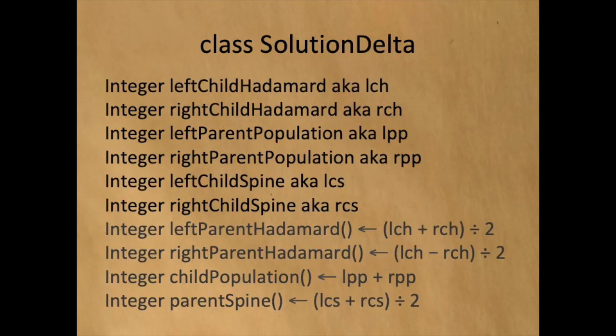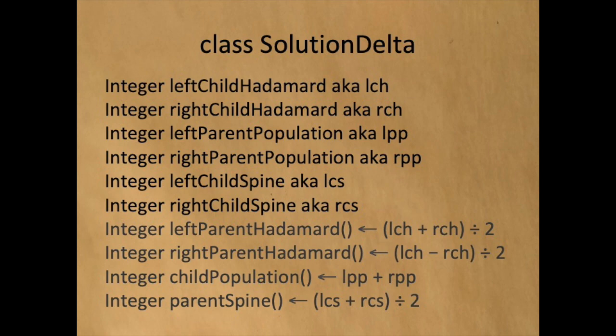A solution delta defines the relationship between 4 facts, between 2 child solution facts and 2 parent solution facts. Specifically, it defines the flow of information from the child facts to the parent facts, or vice versa. So we're going to store the left and right child Hadamards, the left and right parent populations, and the left and right child spine values.